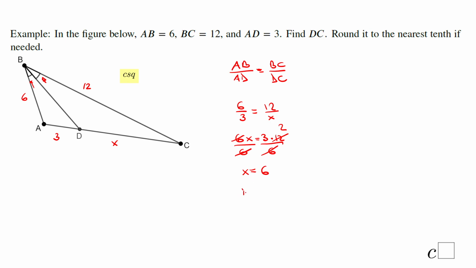X being nothing else than DC. And again, like I said in the previous problem, take a look if your answer is reasonable. In this case it is. You notice this 6, the picture is pretty accurate. Should be more than that AD, which is only 3.